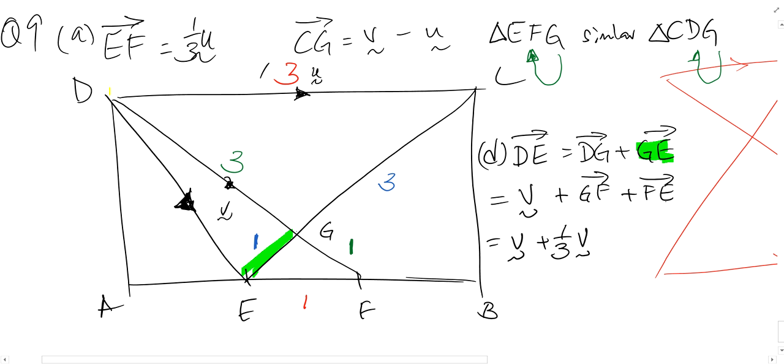How much is FE? 1/3 of? Are you sure 1/3 of U or 1/3 of something else? U is from the left to the right. But now I want FE. So negative U. So the answer will be 4/3 V minus 1/3 U.